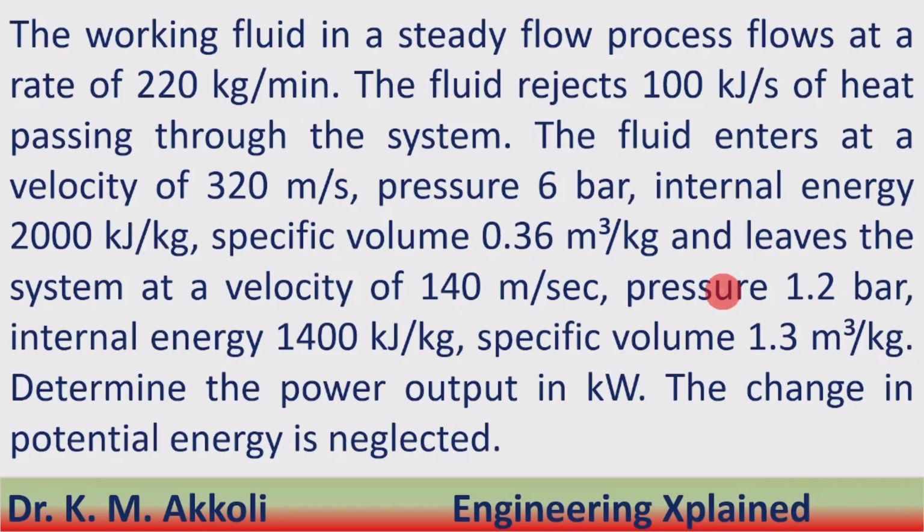We are going to take the heat output as negative, and then use the steady flow energy equation for the system. We need to find the power output in terms of kilowatt, and to find that we have to use the steady flow energy equation.